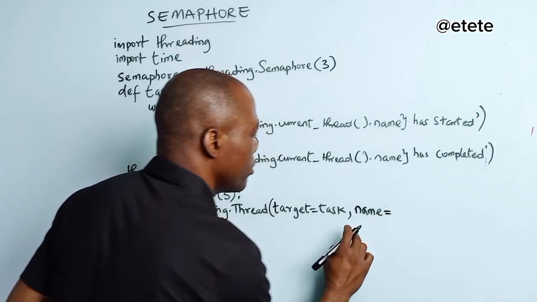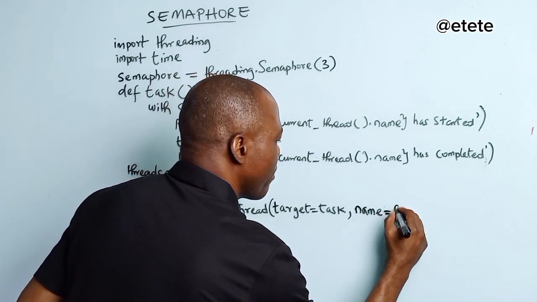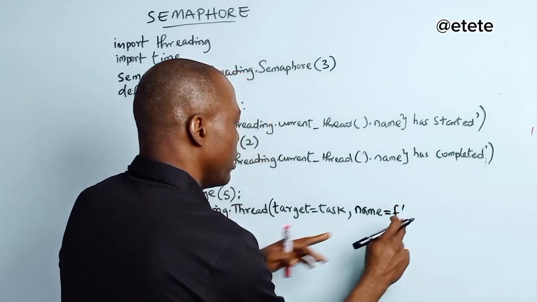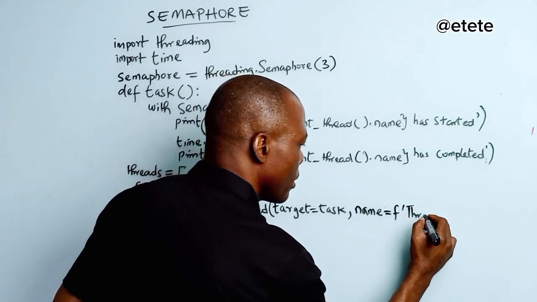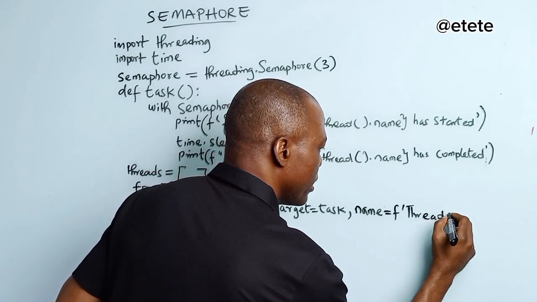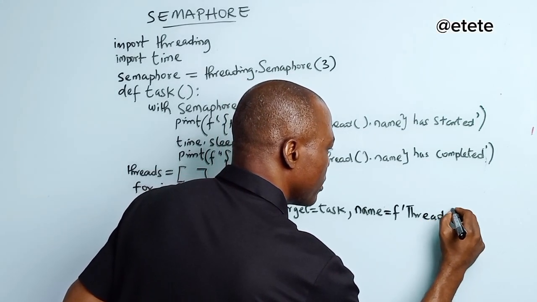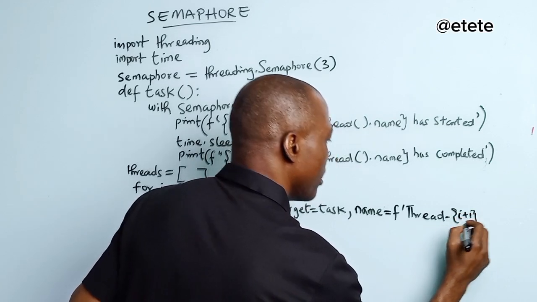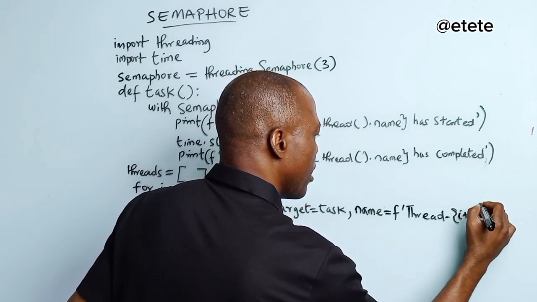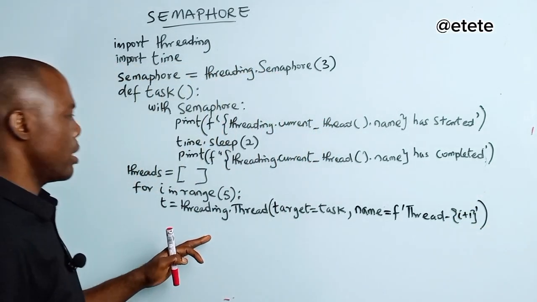Then this place will be, I'll call my format string. Then I will have thread dash. Then I'll do this, i plus 1. Then I'll close this, and then I'll close this. All right.